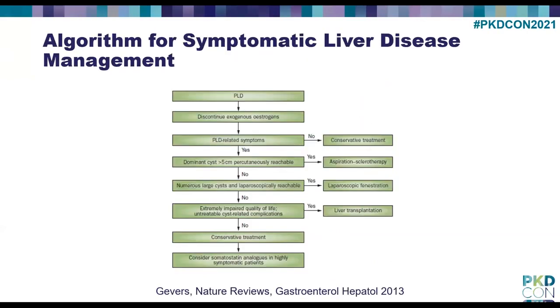And then this is really just a final wrap up to show how we think about liver cysts now. So for someone who has a polycystic liver because of AD-PKD, we would discuss use of estrogens for the appropriate person. We would see if there are really symptoms that correlate with the liver cysts.